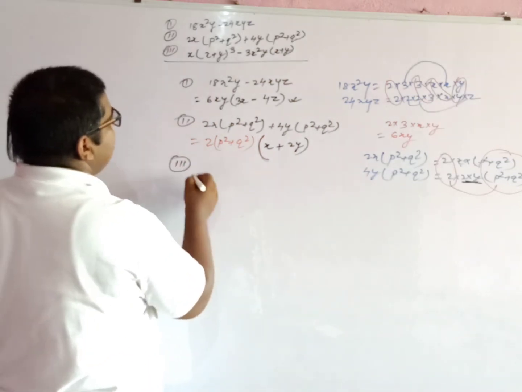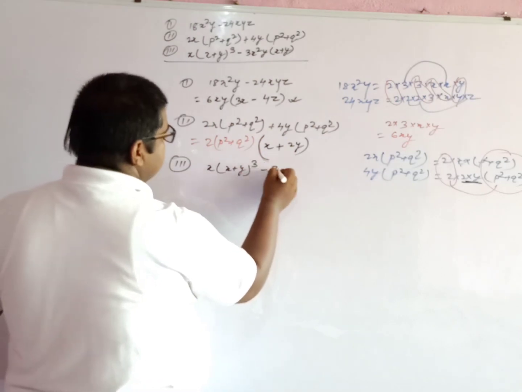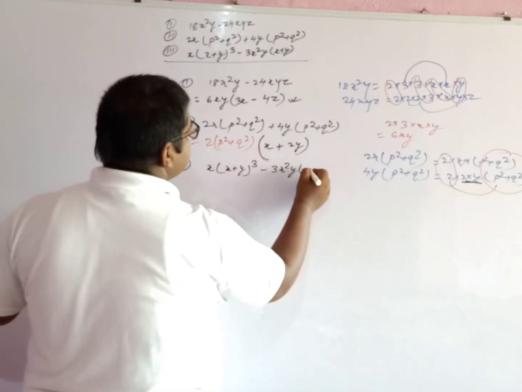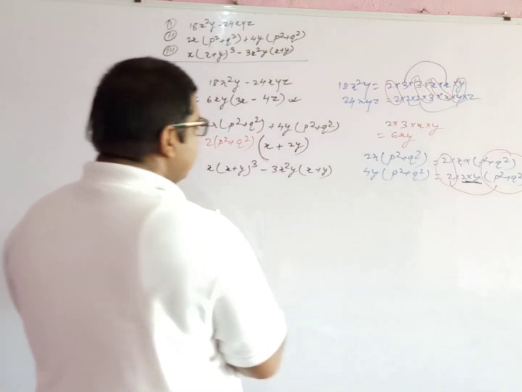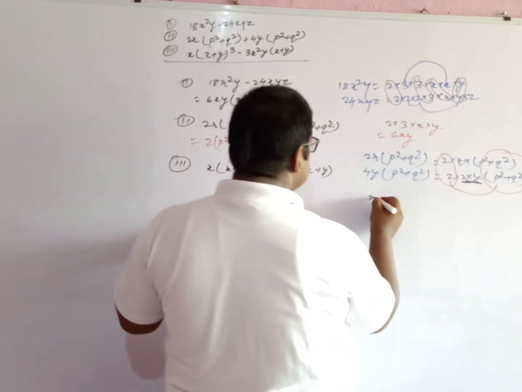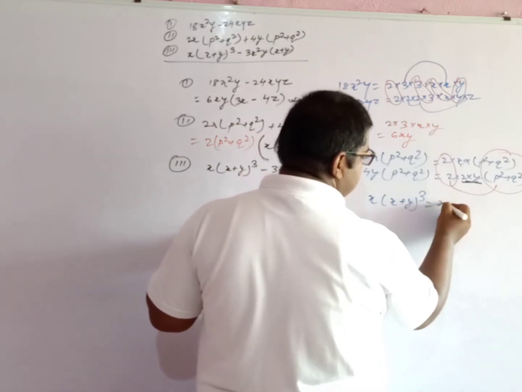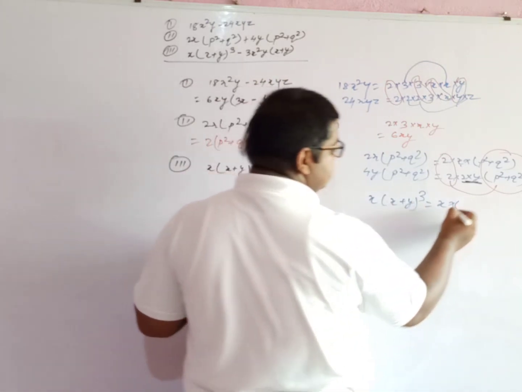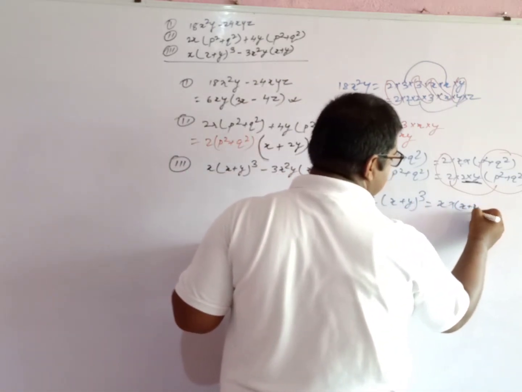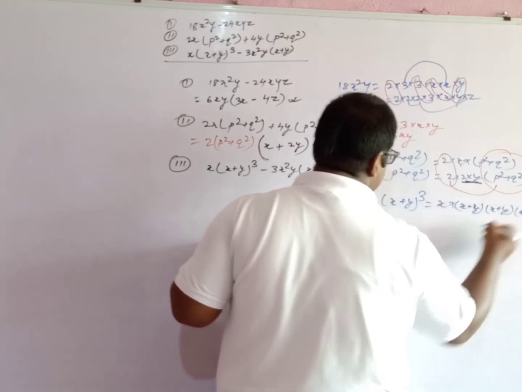And the third is given: (x plus y) cube minus 3x squared y into (x plus y). The two terms are: the first term is x into (x plus y) cube, which can be written as x into (x plus y) into (x plus y) into (x plus y), since cube means 3 times.